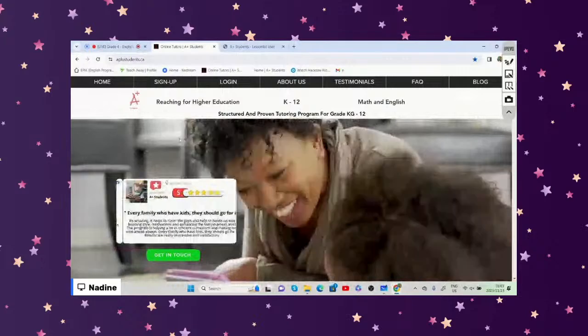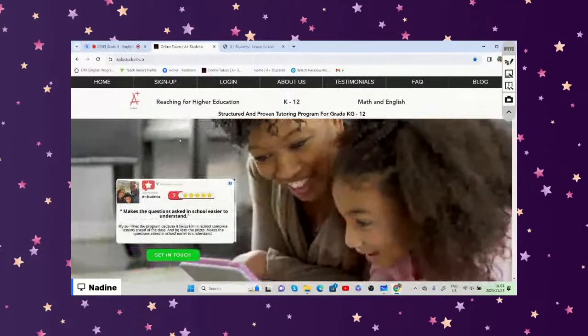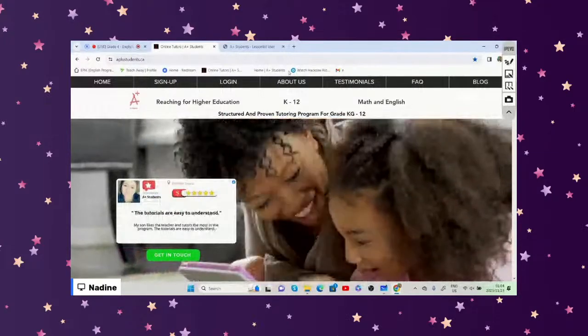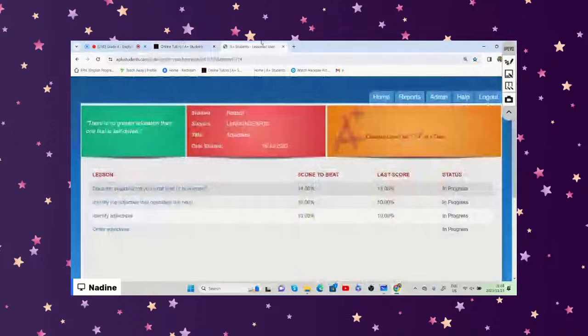Once we have selected the subject, we're going to scroll down until we get to the chapter of adjectives. And under the chapter of adjectives, we are going to be focusing on only 2 of those 4 lessons today.